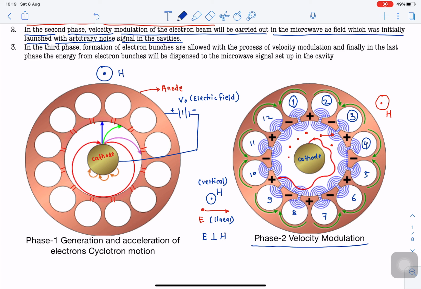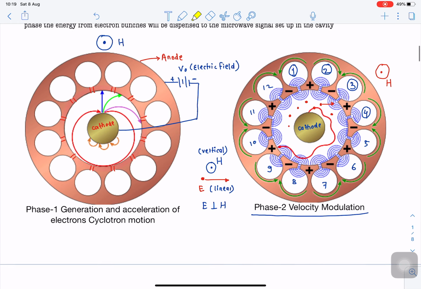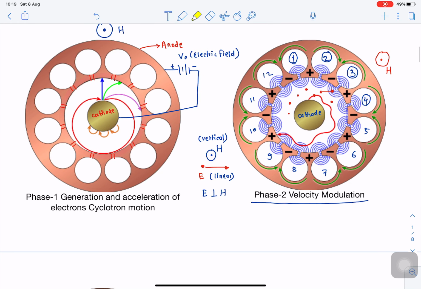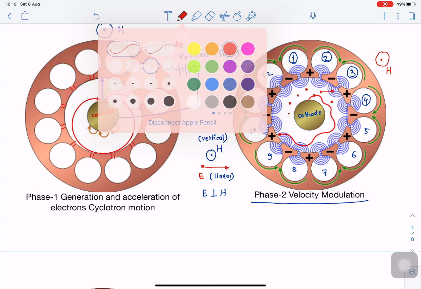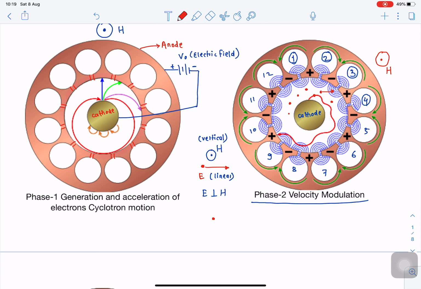But please remember, here we have the presence of a magnetic field also. So the motion of the electron will not remain linear. Suppose this is a particular electron. In the absence of a magnetic field, it was traveling linearly in the direction of the anode. Let us say there is a cathode over here.